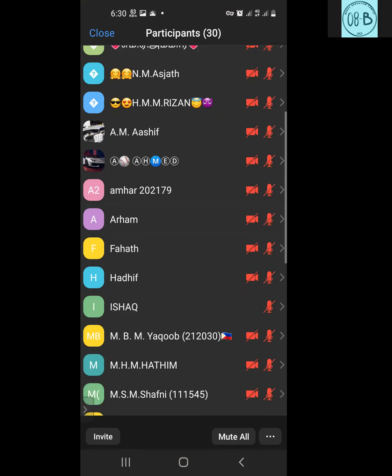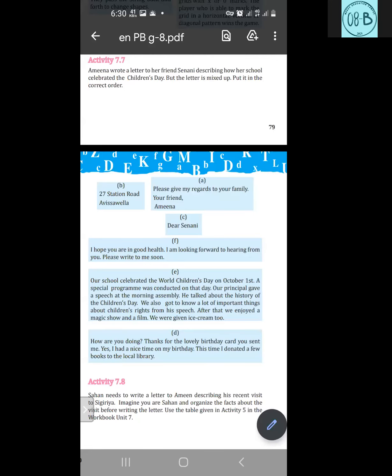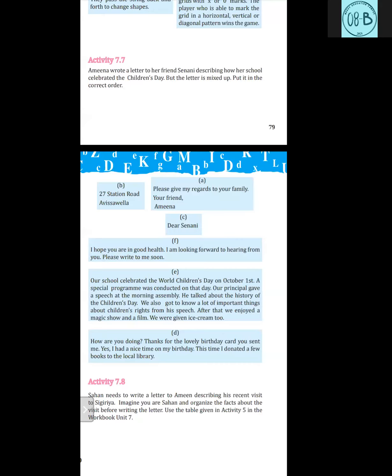Fahad. Sir, may I tell? No, I asked E. The third one is the body. So for the body, first D will come and then E. After that is F. Wait, the ending is A. Wait, Yakub, I asked only the third one.